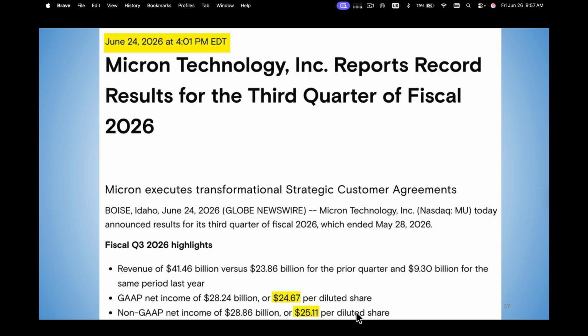And they will add back certain things. And I believe in Micron's case, they don't think stock options have an effect on earnings. So they add it back. And I'll show you that in just a moment.